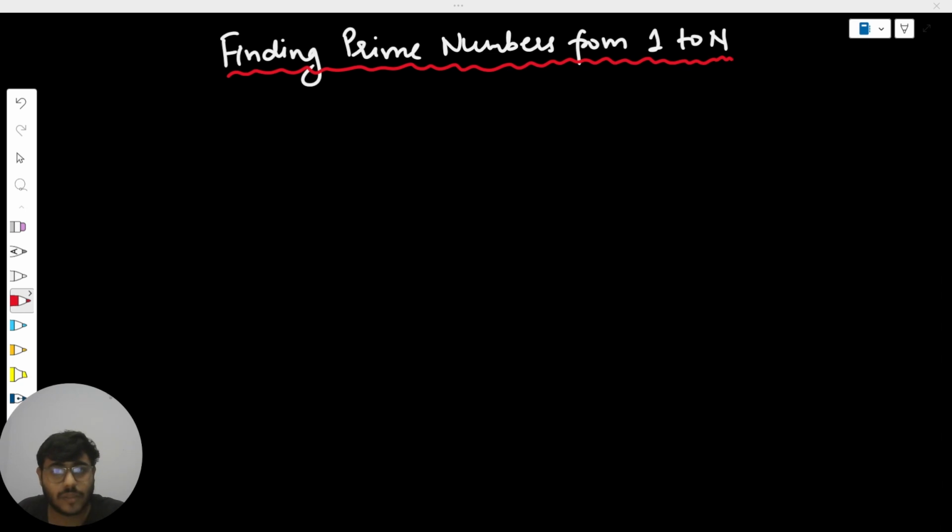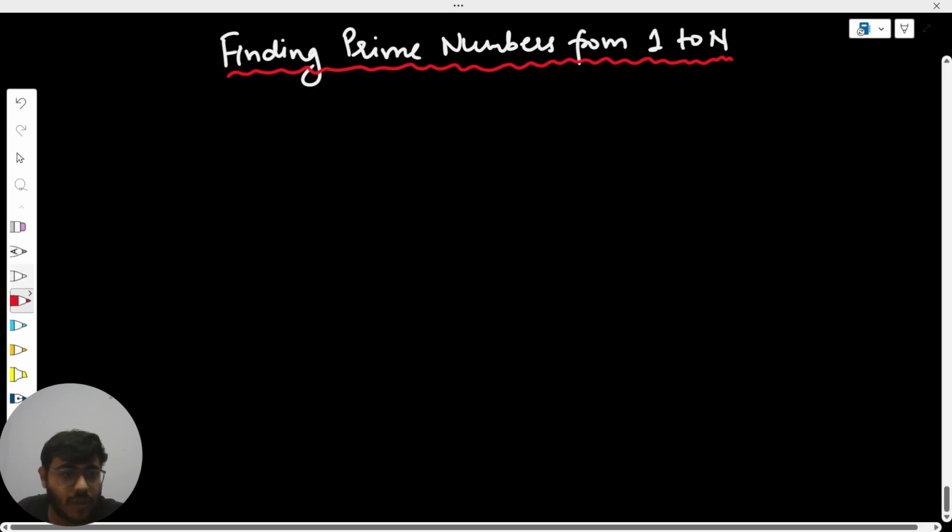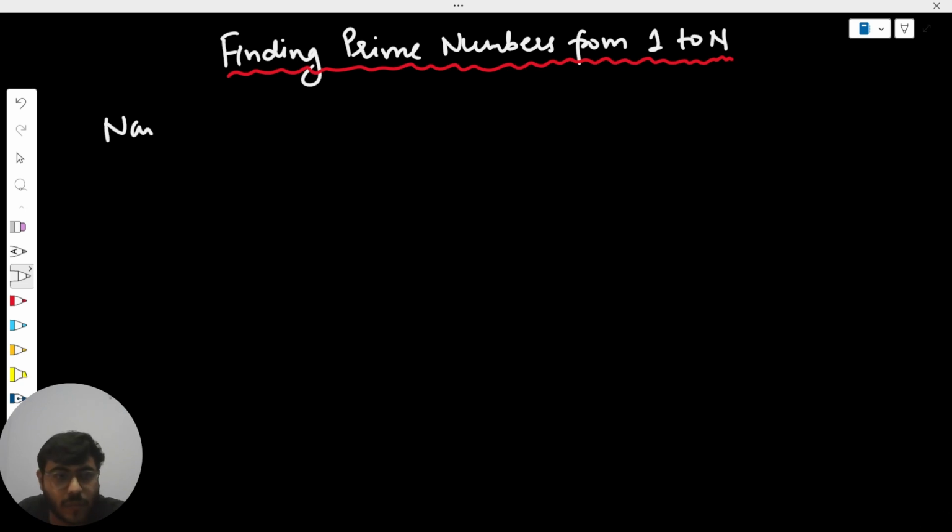So the very first thing to talk about is the most naive way to deal with this problem. As we discussed in the last lecture, if you want to check if a number is prime or not, you can check it in square root of n time.